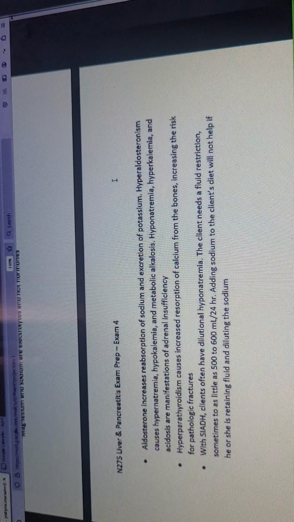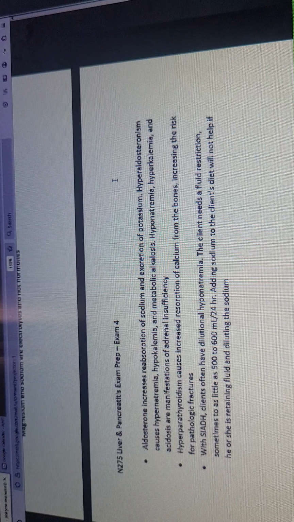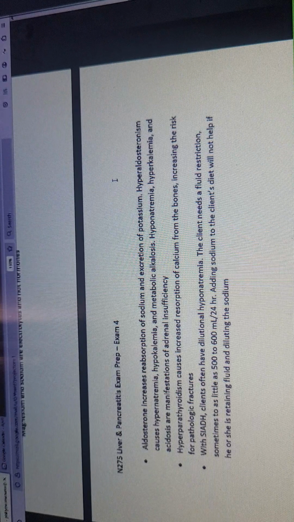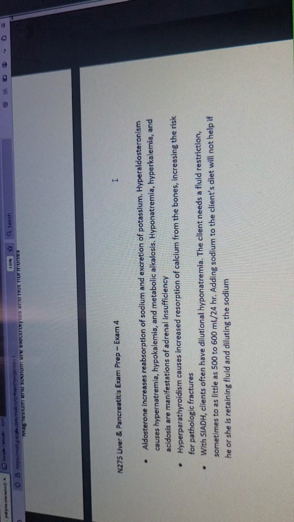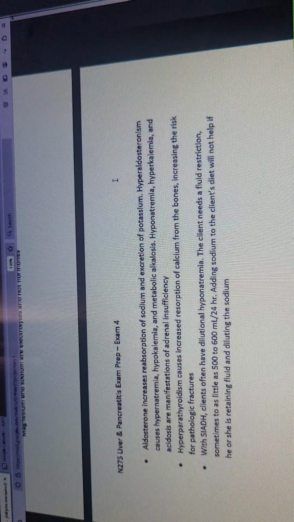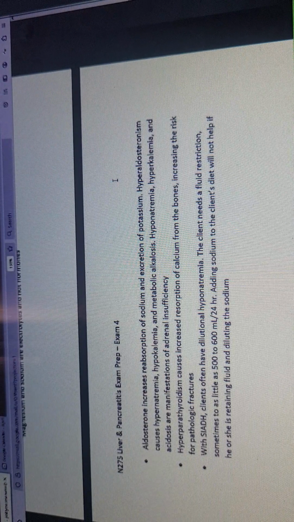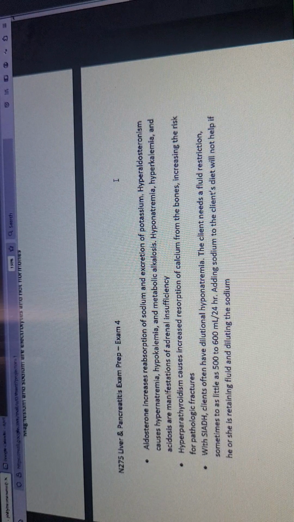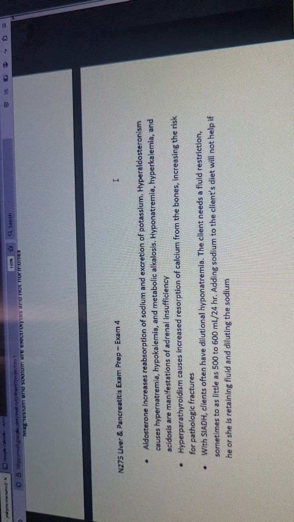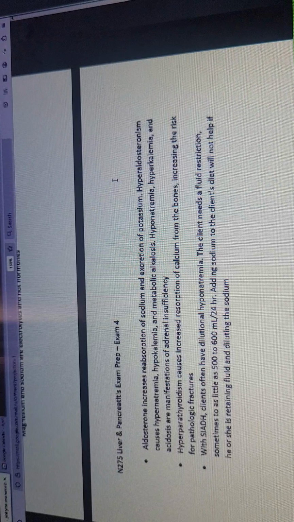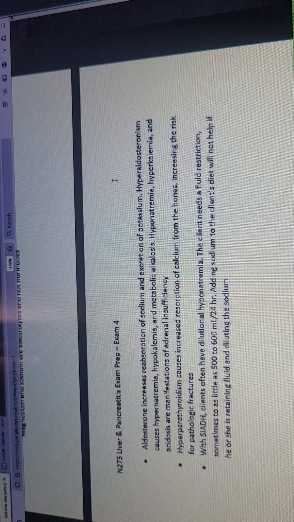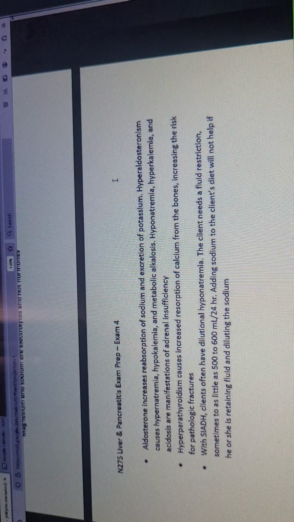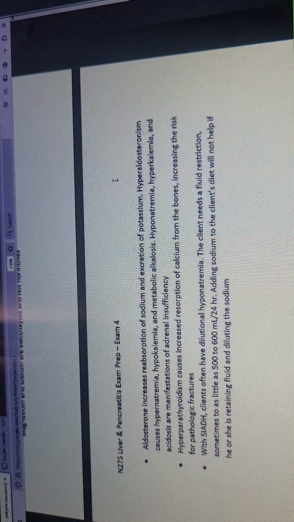Aldosterone increases reabsorption of sodium and excretion of potassium. So therefore, in hyperaldosteronism, it causes hypernatremia, hypokalemia, and metabolic alkalosis, right? So that sodium level is really, really high, and thus you're going to retain some water.